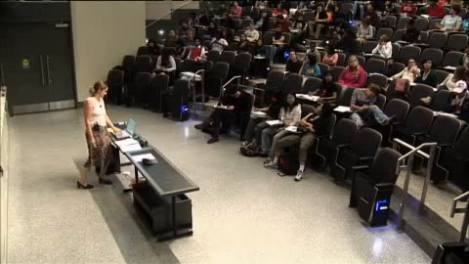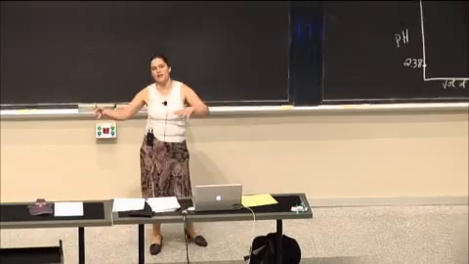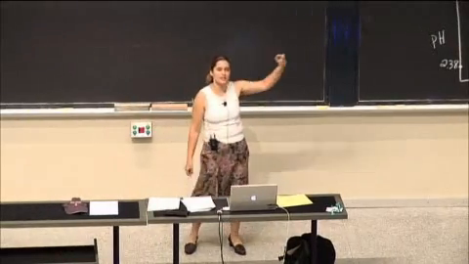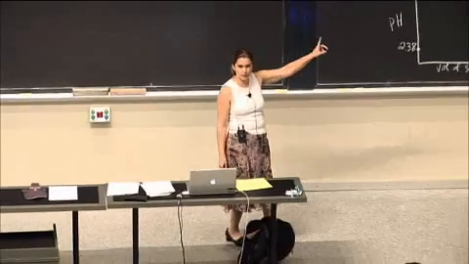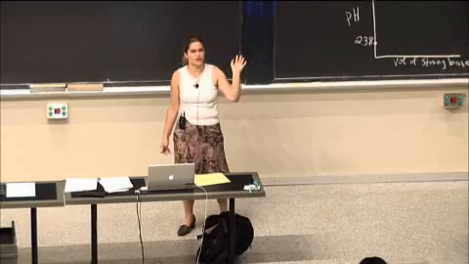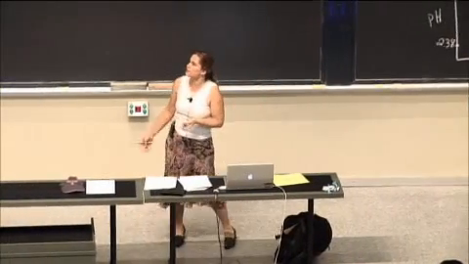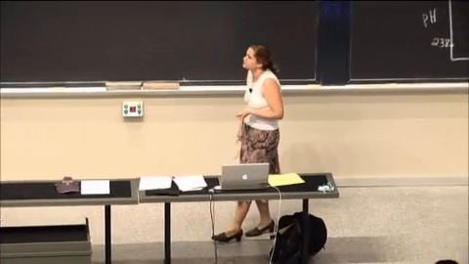So 0.75 times 10 to the minus 3. So always remember that in these titration problems, unless nothing has been added yet, you're at 0 mLs added, some amount of subtractions are going to have to occur because something has happened. You've converted something. Things are different than when you started.